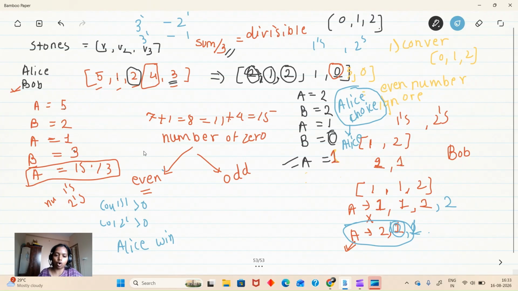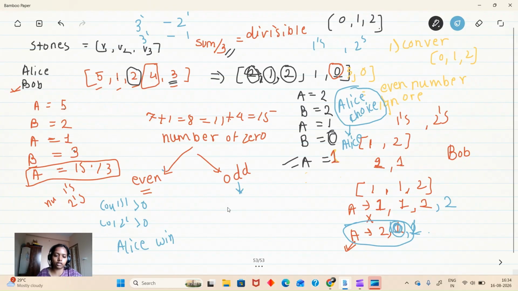So that's it for odd. Even if it is a little confusing, take the example of multiples. Even if Bob takes the advantage, after a point of time, let's say the minimum is 3, if I have 3 extra ones, then Alice can choose the one and just try to avoid losing, by making this negligible.